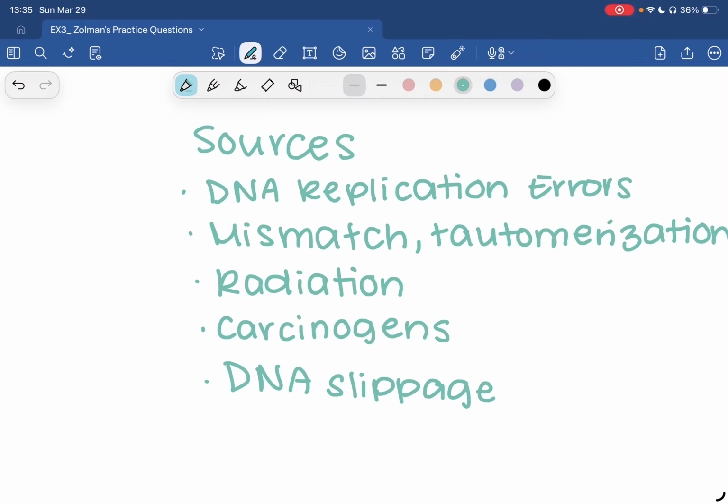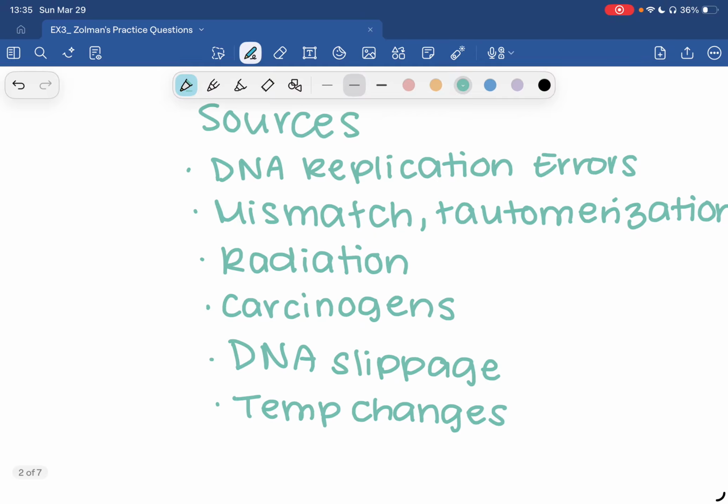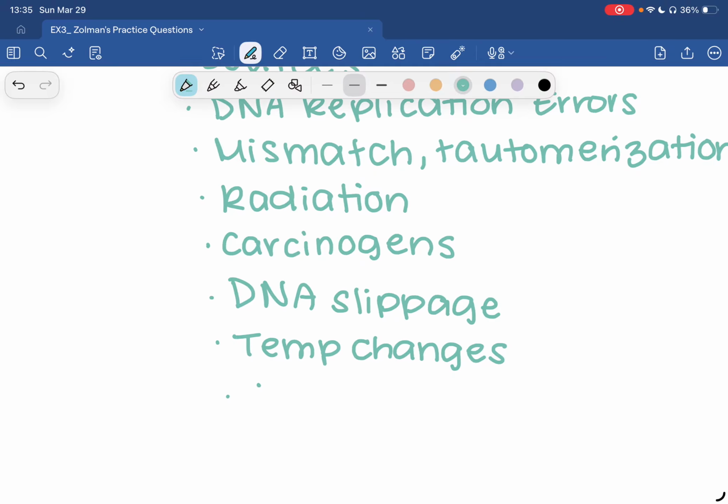It kind of slips in and out of the sequence, the different nucleotides. You also have things such as just temperature. Our body temperature is very high, so your own body heat can cause formation of abasic sites, so it can cause mutations. And then lastly, oxygen or oxidative deamination.